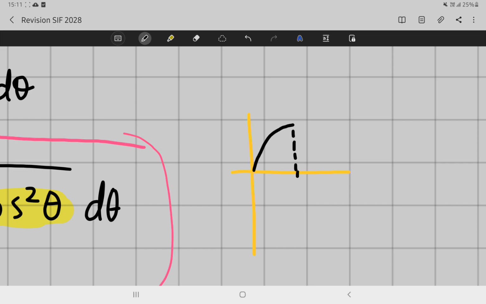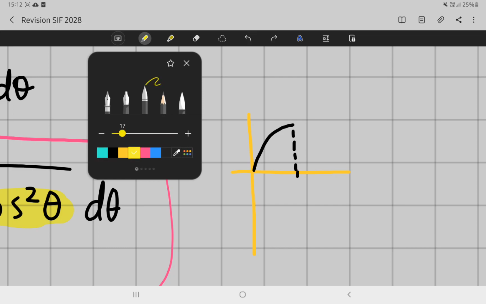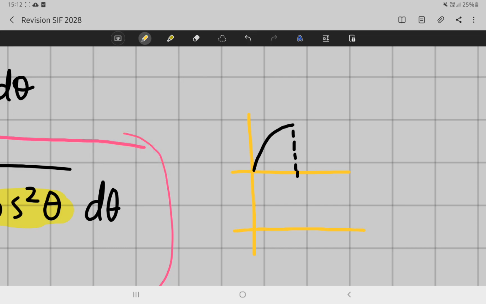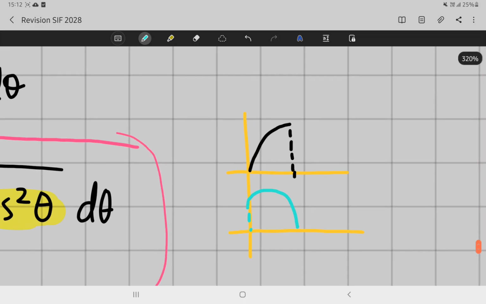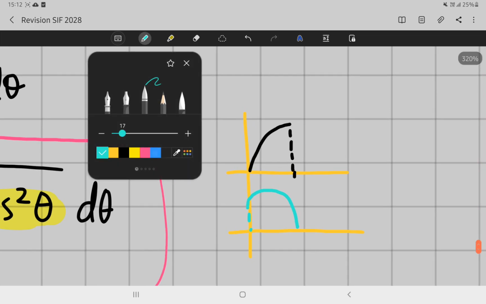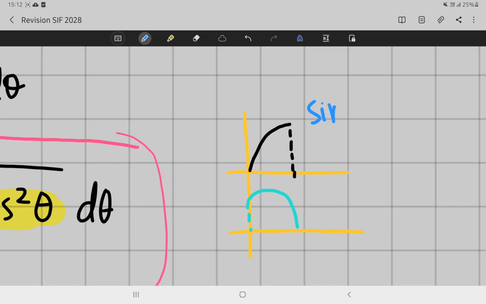So this is pi over 2, and for the graph of cosine, it looks like that. So it is actually similar. This is for sine theta and this is for cos theta.